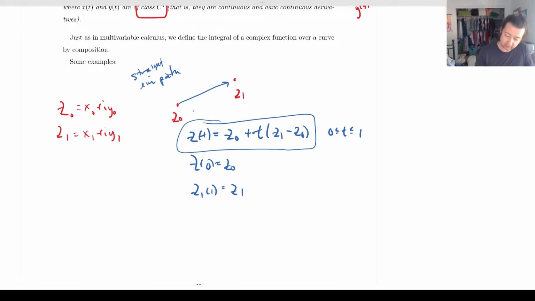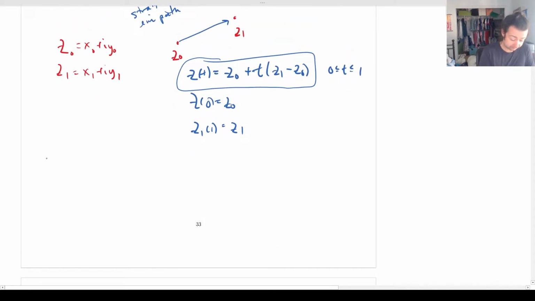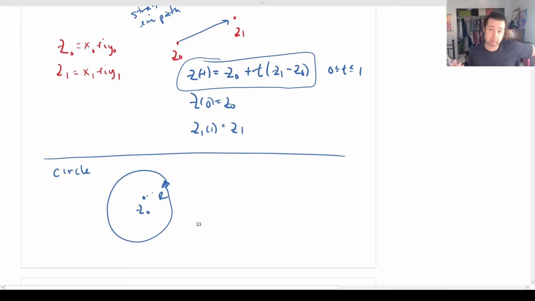The other sort of standard graph that's nice to know is circles. So circles and pieces of circles come up all the time. So if we have a circle and we're trying to parameterize it, imagine you've got a point z naught, and you have some circle of radius r that you're trying to trace out around z naught. This is one of the most useful kinds of contours that comes up in the study of complex analysis. We'll be doing a lot of these.